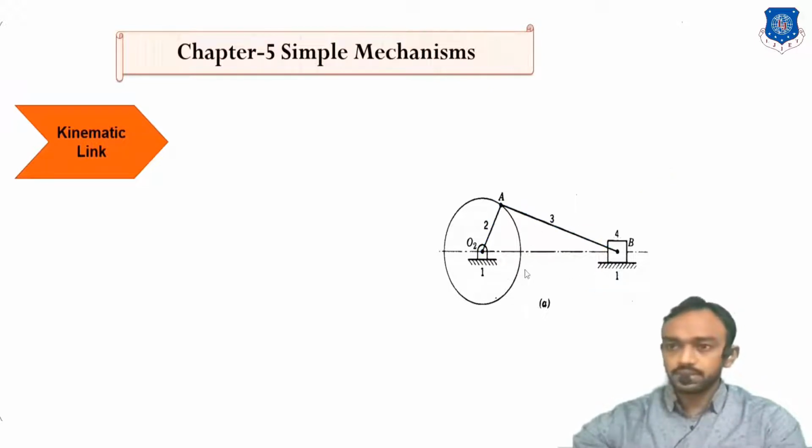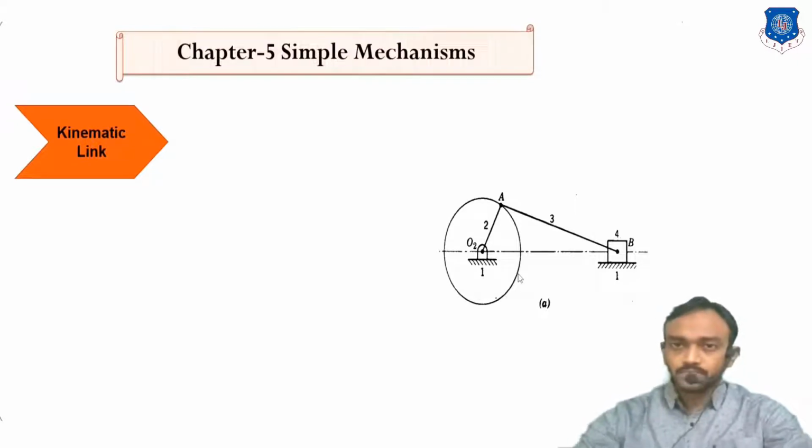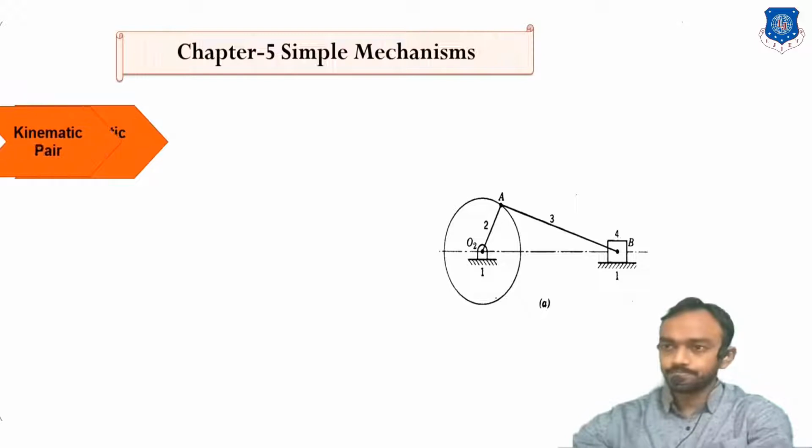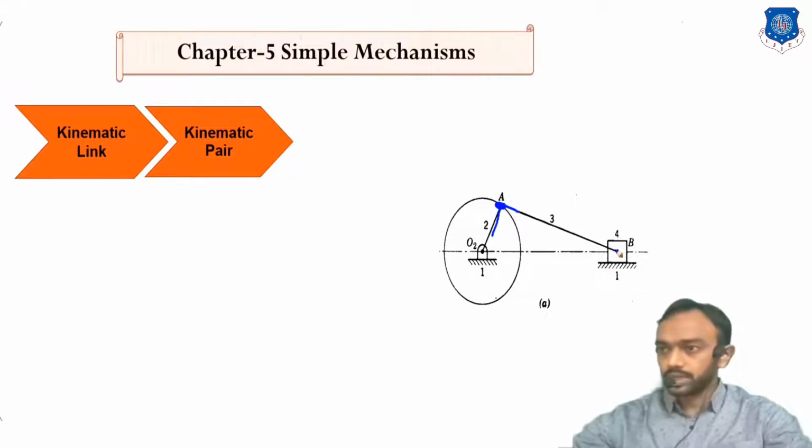This is the mechanism which is made by different links which have relative motion to each other, and these links together make the kinematic pair. You can see here link number 2 and 3 are connected here, so they are making a pair. 3 is connected to 4 at this point, so there is a pair.